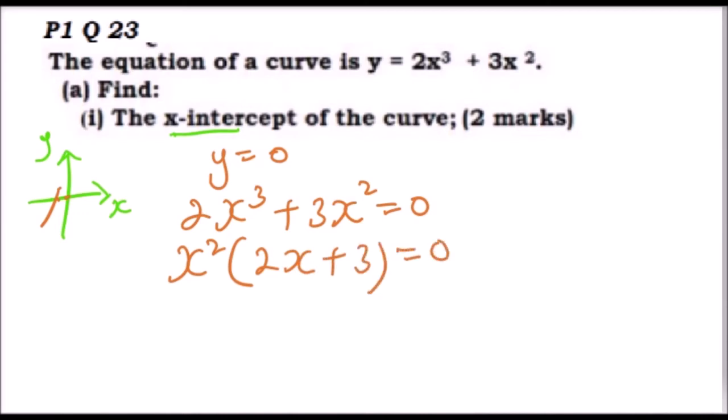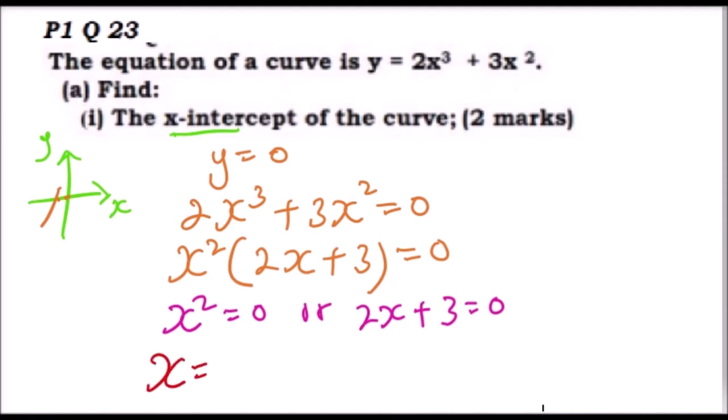This means x squared equals 0, or 2x plus 3 equals 0, because when you multiply two factors and the product is 0, one of them must be 0.